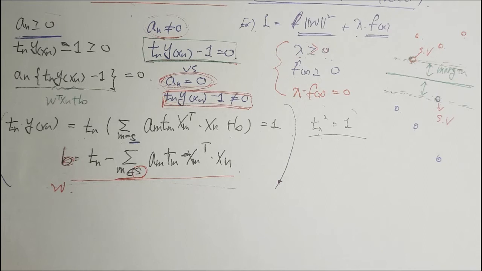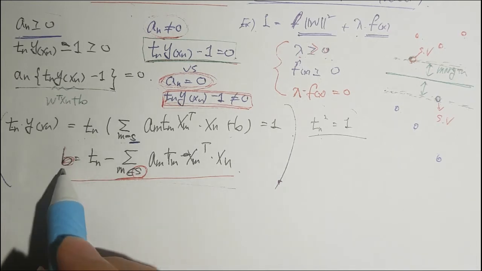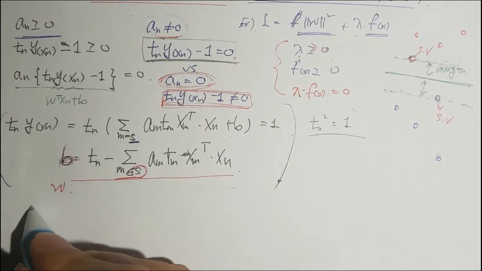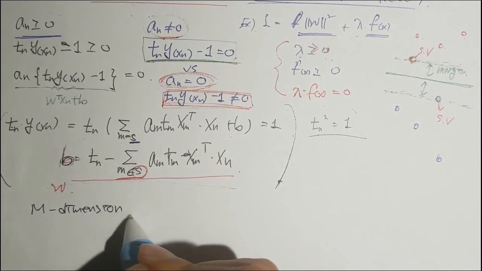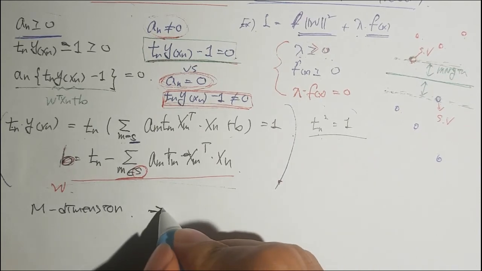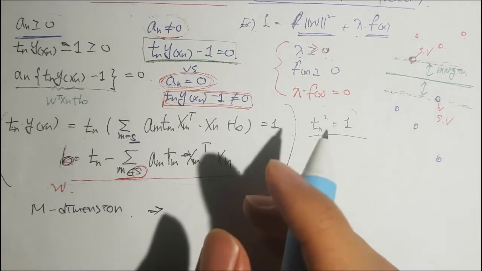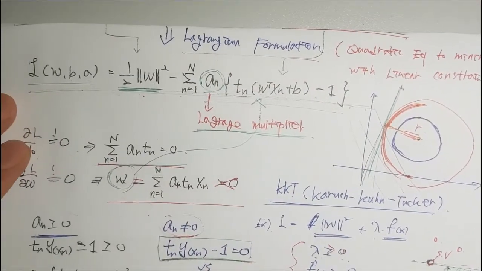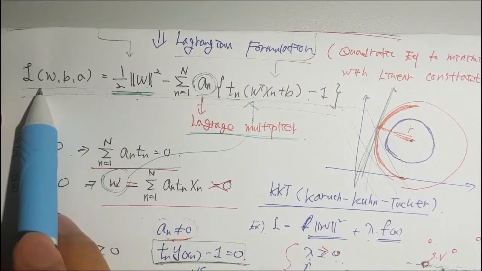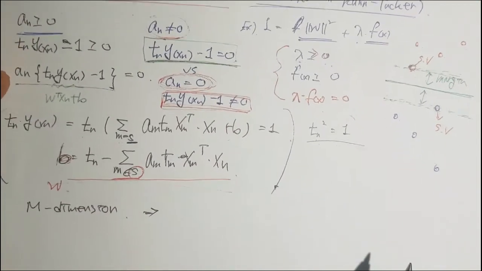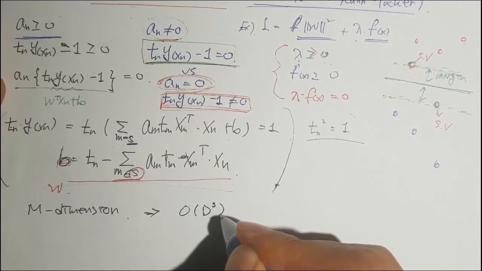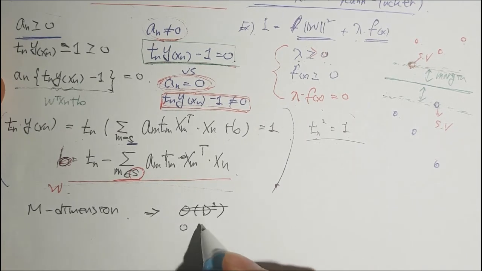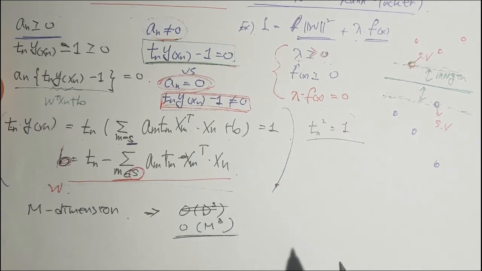But here we still have a problem, because if our data point has, let's say, m dimensions, then when we calculate this Lagrangian formulation, it requires a lot of computational effort with regard to our dimensions, cubic.